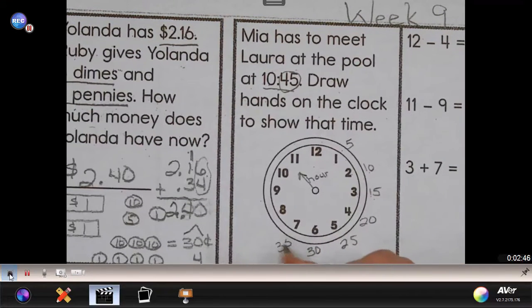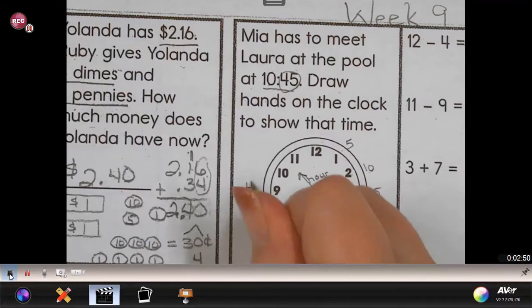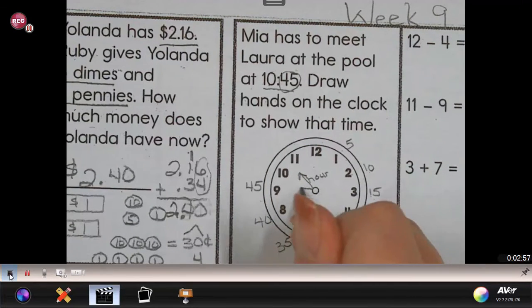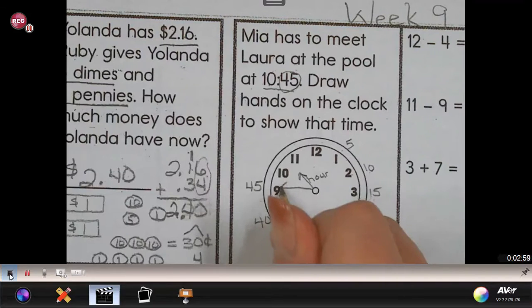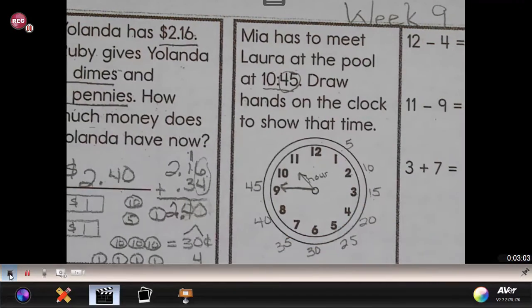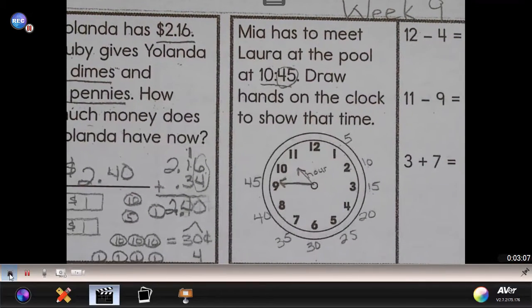Then we have 35, 40, and 45. Now, this is to the nearest 5 minutes. This is actually a second grade standard that we're reviewing from last year. So now it says 10:45 on the clock.